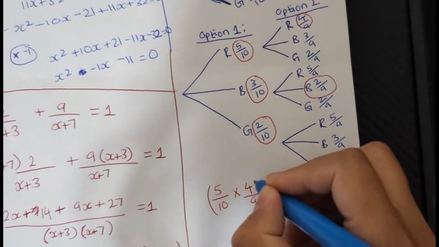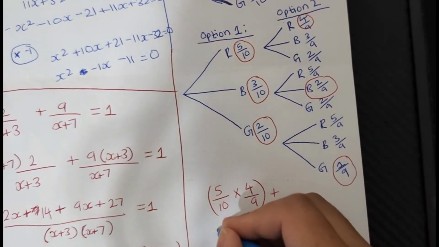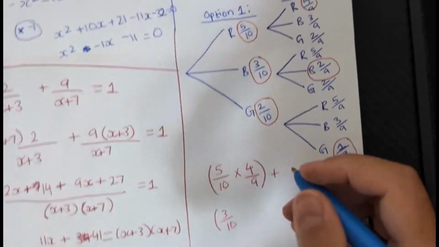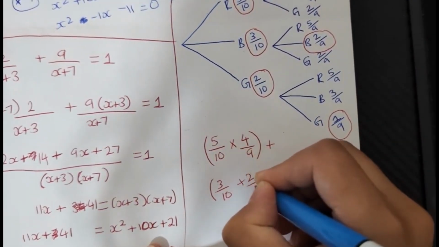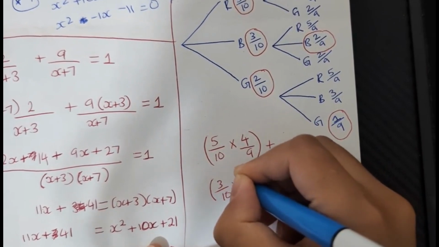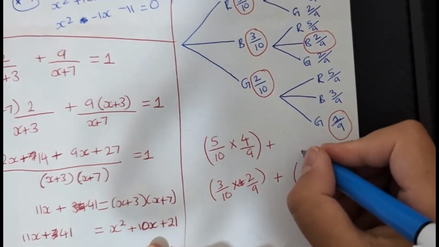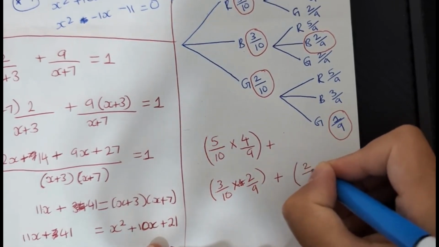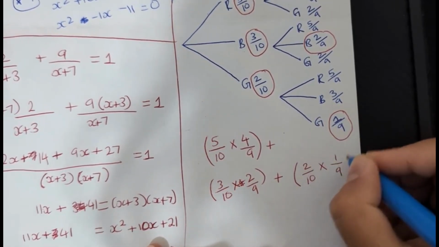So we've got 5 tenths times 4 9ths, plus we've got 3 tenths times 2 9ths, plus my 2 tenths times 1 over 9.